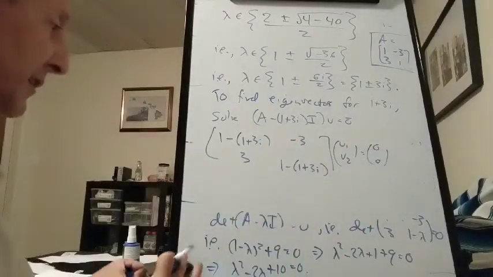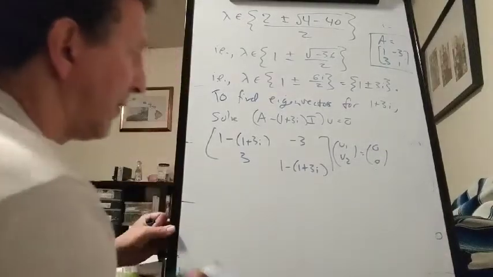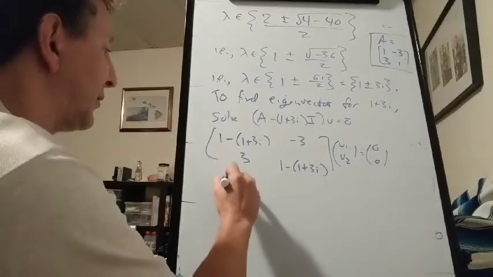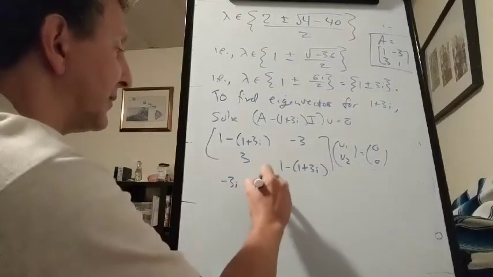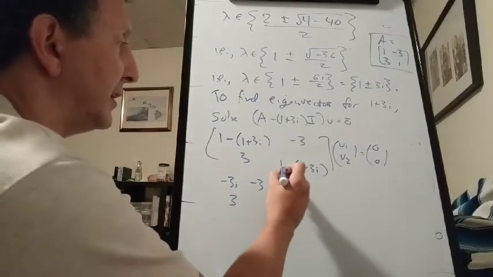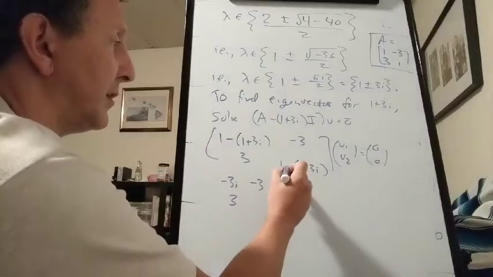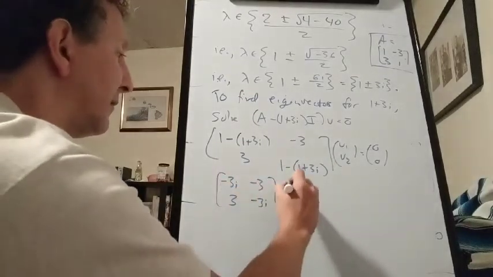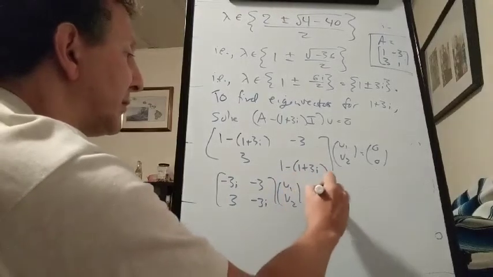And this matrix is, 1 minus 1 is 0, so we've got minus 3i, and then minus 3, 3, and 1 minus 1 is 0, so minus 3i. Times V1, V2 equals 0, 0.